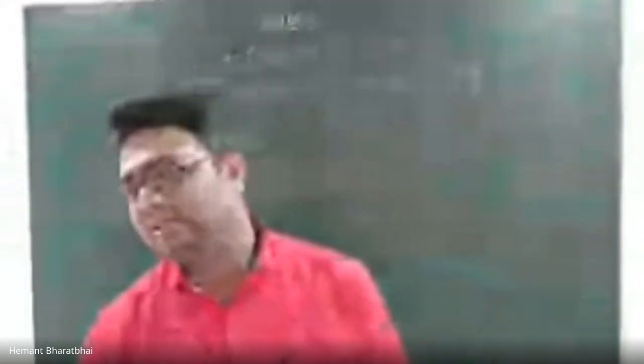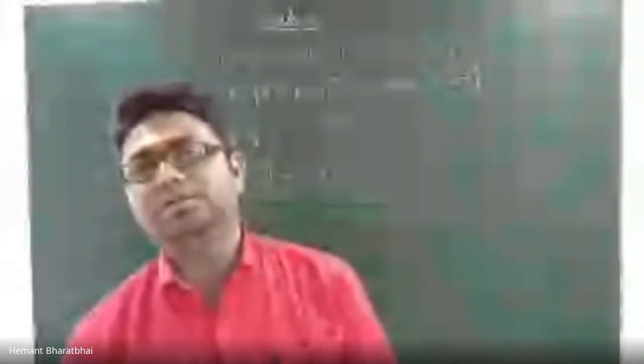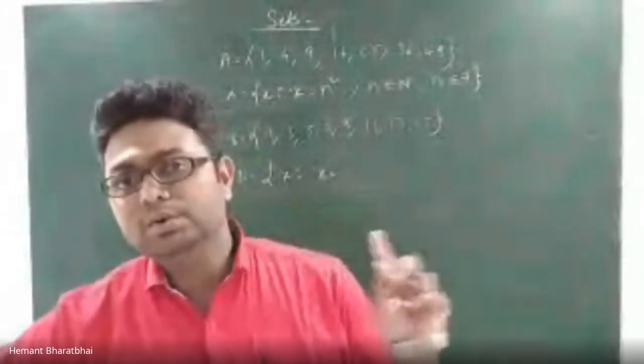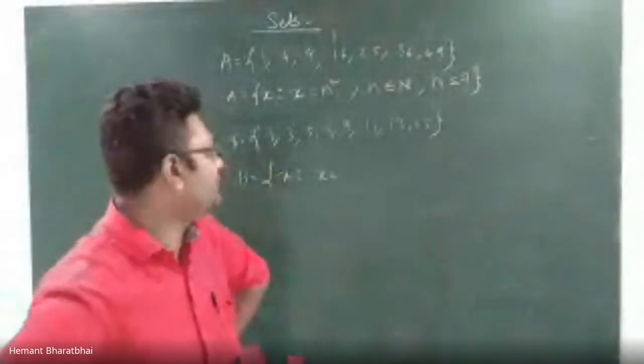You have to see the rule. We already know these are odd numbers, but we cannot write that x is an odd number. Since we are in mathematics, we can find a formula which these numbers satisfy. We know it is an odd number, but you have to find the rule.